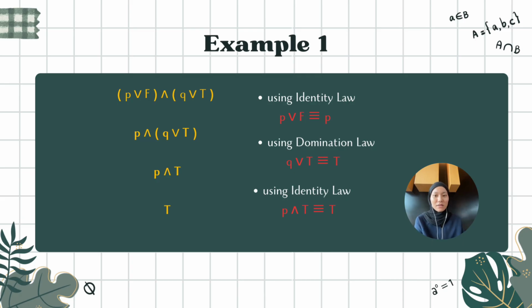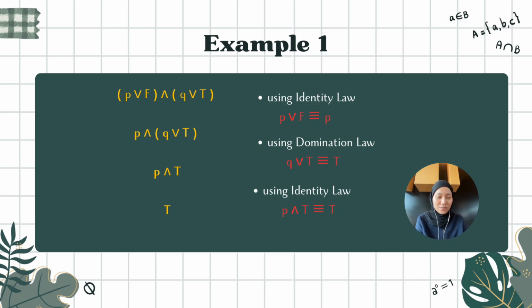For example 1, we have an equation that gives us P or F, and Q or T, where F is false and T is true.